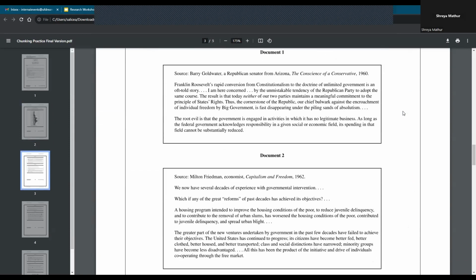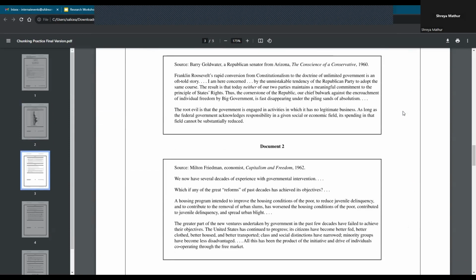All right, let's read this. Franklin Roosevelt's rapid conversion from constitutionalism to doctrine, and so on. Can anyone give me a gist for this document?